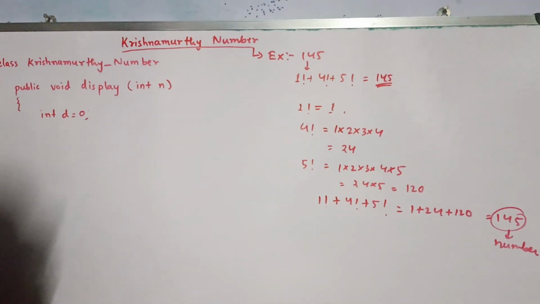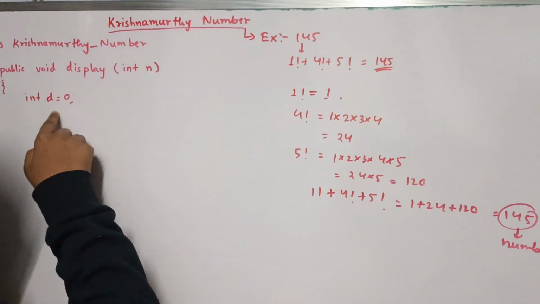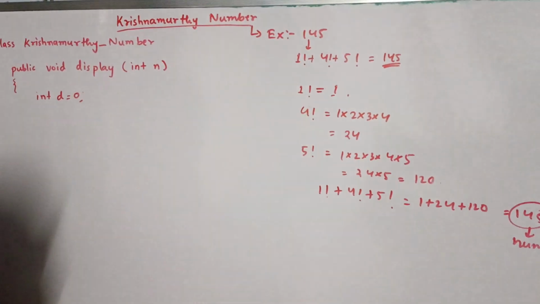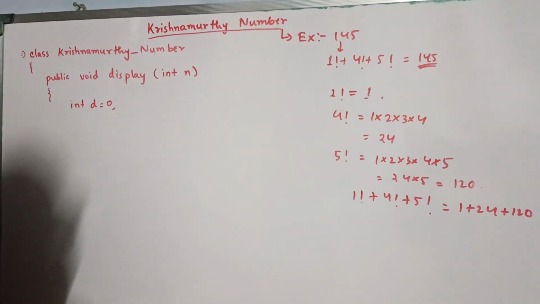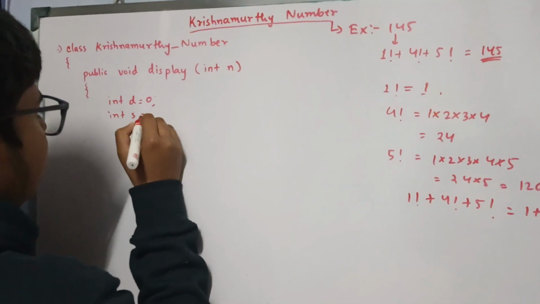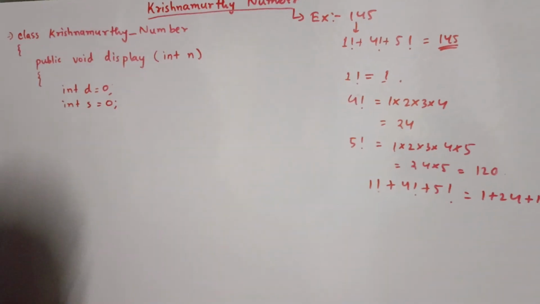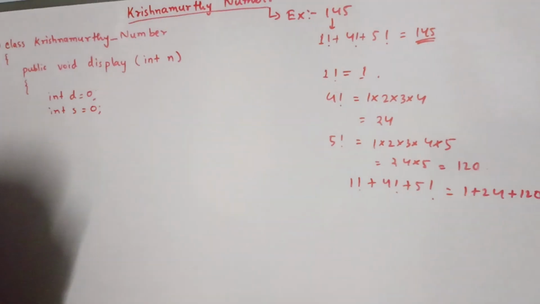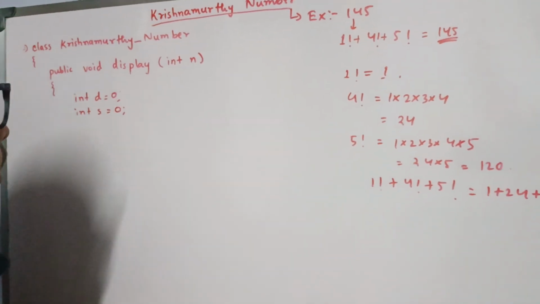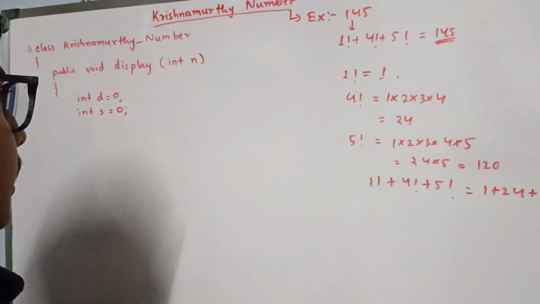In order to store the digits, I have initialized a variable int d, whose data type is int, to be 0. Next we will write int s for sum equals 0, which will store the sum of the factorials of the digits.